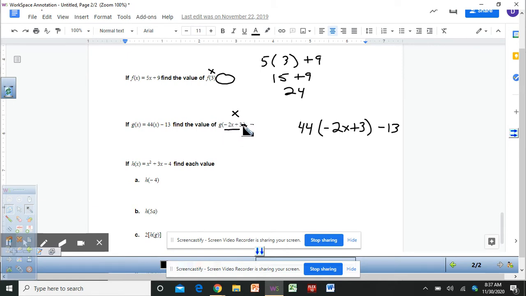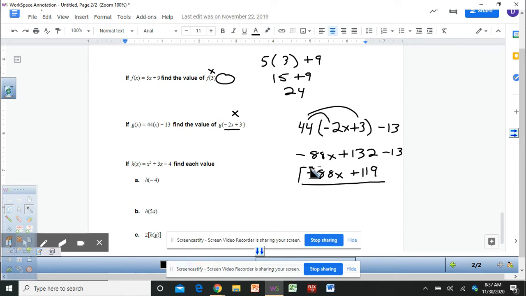This could say 1x plus 9, this could just say 5, this could be a whole separate equation. If it's inside the parentheses, we replace x with it. So this gives me -88x plus 132 minus 13. I can't do anything with that -88x. 132 minus 13 gives me 119. And this is my answer because I cannot solve any more of that.